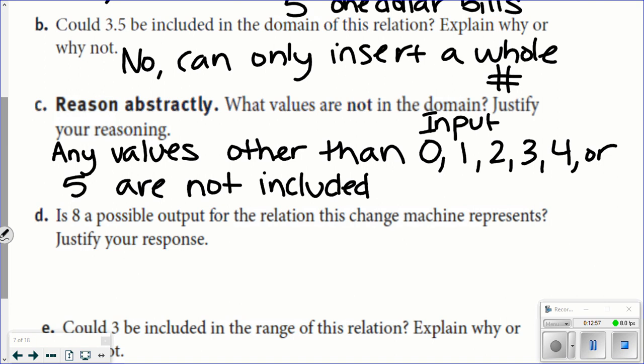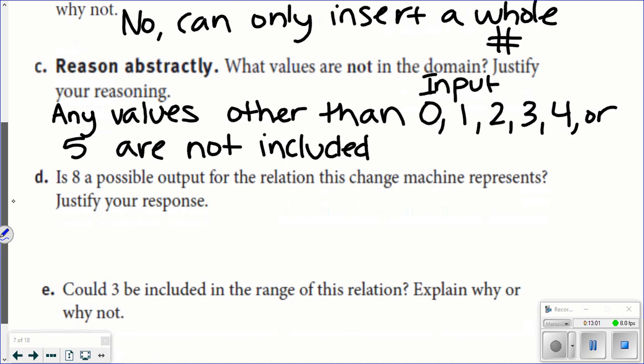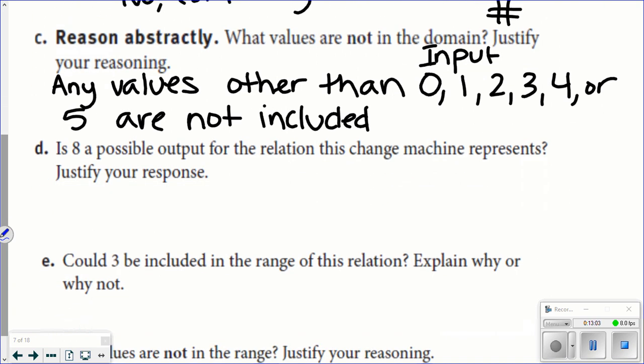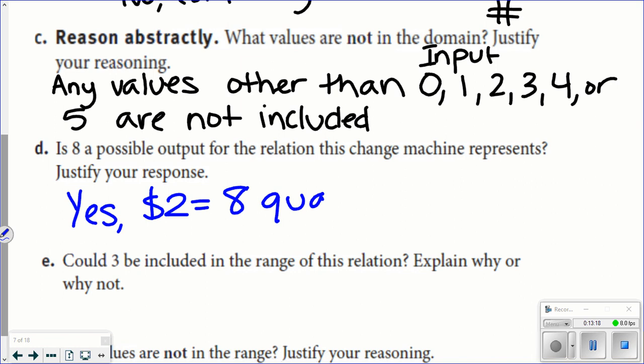Question D. Is 8 a possible output? Could I receive 8 quarters? Yes, because if we insert $2, that equals 8 quarters. So if we insert 2 $1 bills, we receive 8 quarters, so that works.